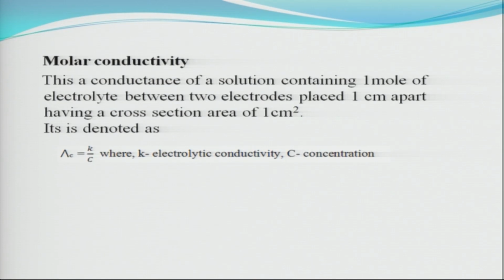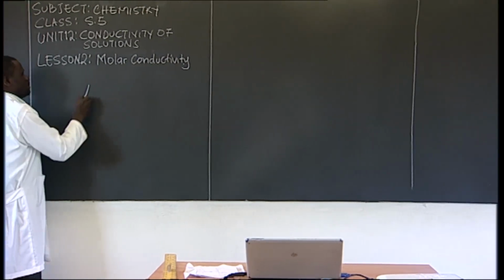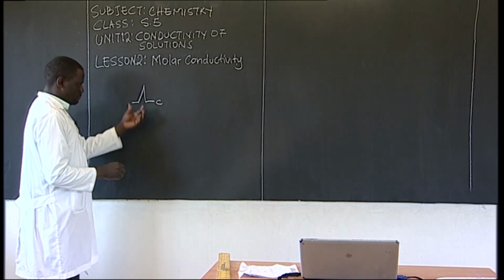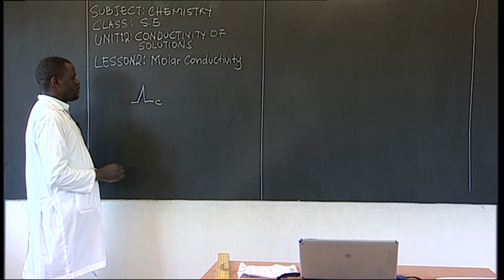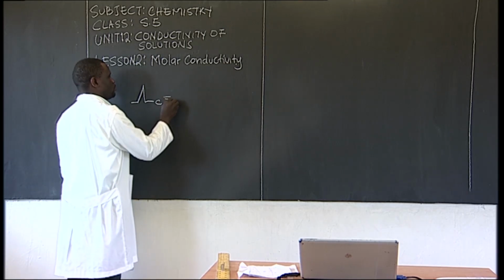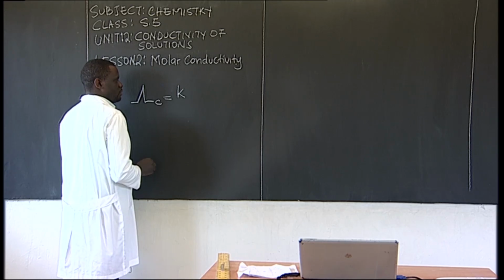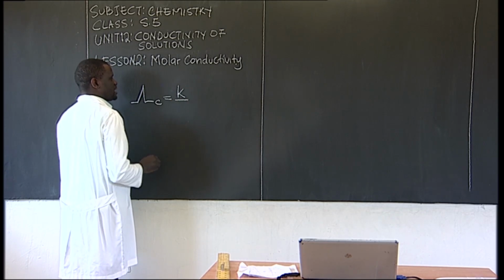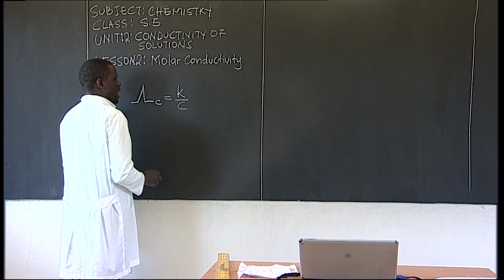So from our definition of molar conductivity, we can say that the symbol for molar conductivity is equal to the conductivity, electrolytic conductivity, or what we call specific conductance, divided by C, which is our concentration.